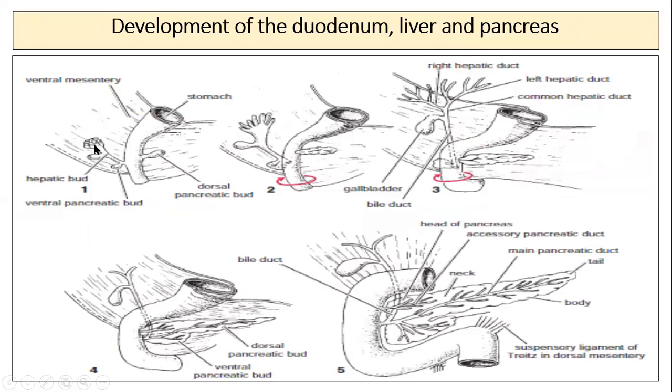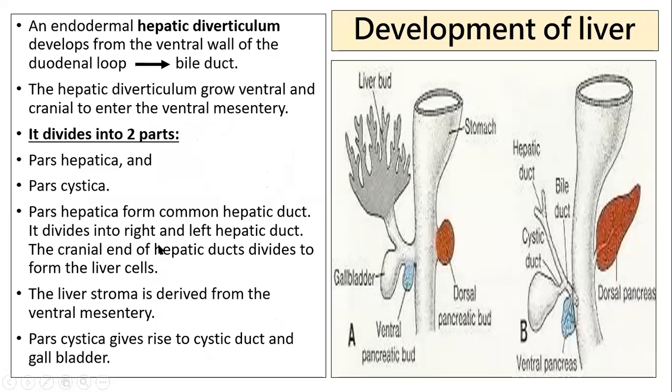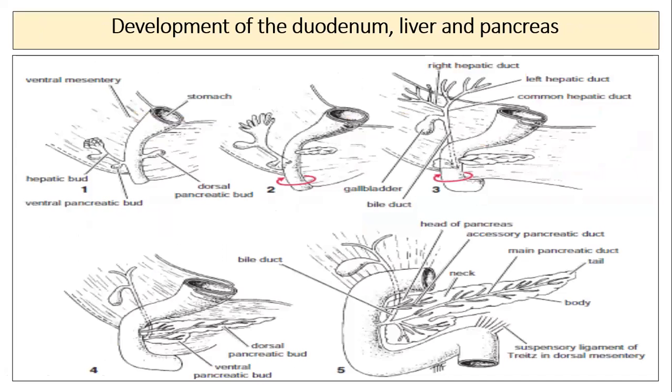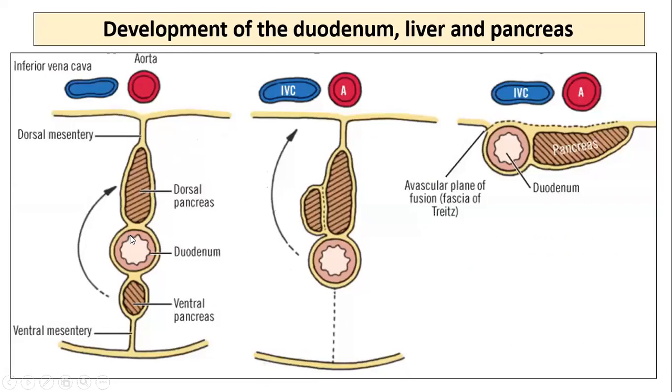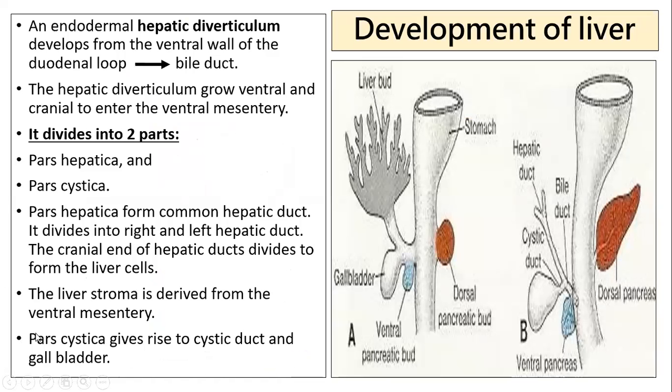You can see here it is developing into the hepatic ducts, and then there will be formation of the liver on top. For this, there will be ventral mesentery, but in the lower part the mesentery totally disappears. But for the liver, there will be mesentery.